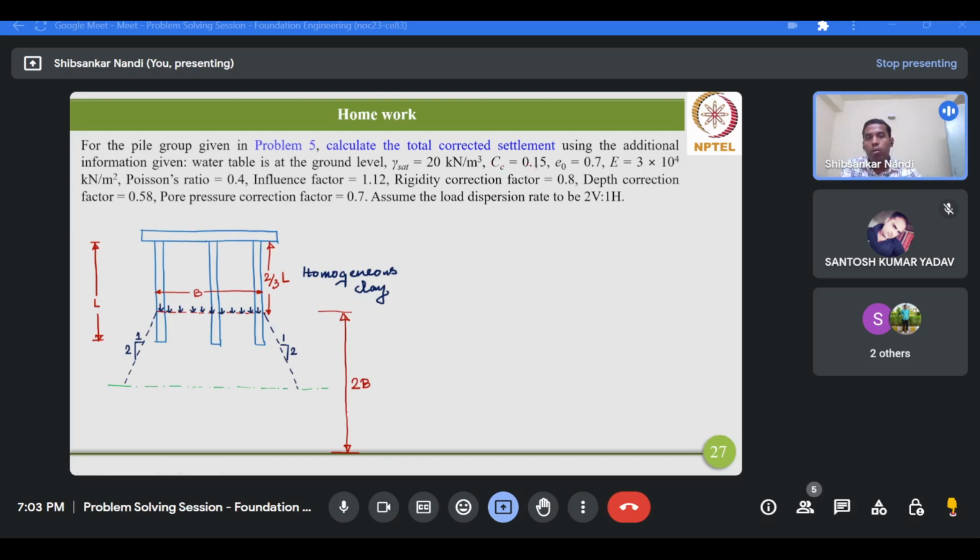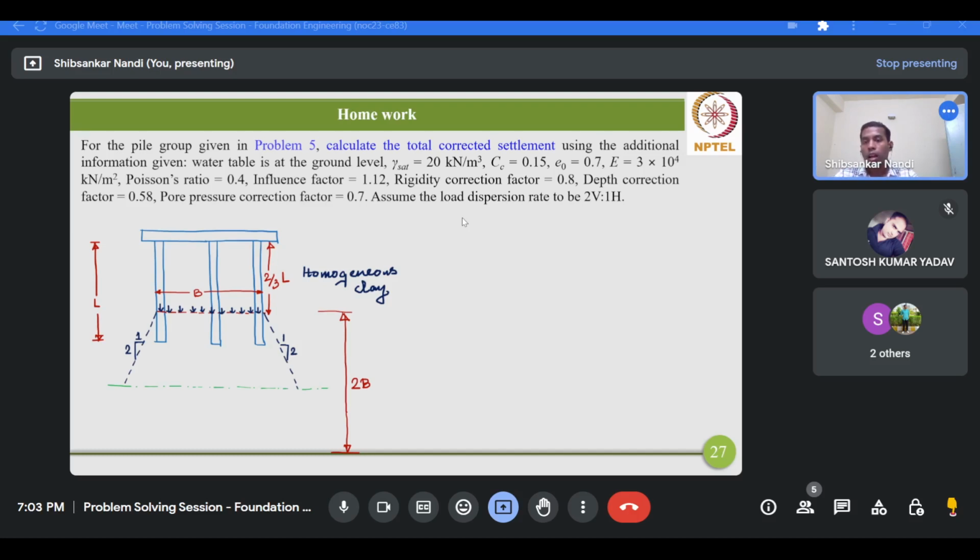Compression index 0.15, initial void ratio 0.7, elasticity modulus 3 times 10 to the power 4 kilonewton per meter square, Poisson's ratio 0.4, influence factor 1.12, rigidity correction factor 0.8, depth correction factor 0.58, pore pressure correction factor 0.7, and assume the load dispersion rate to be 2 vertical to 1 horizontal. All the necessary information you require for solving this problem is directly given to you. You just have to calculate the total corrected settlement.